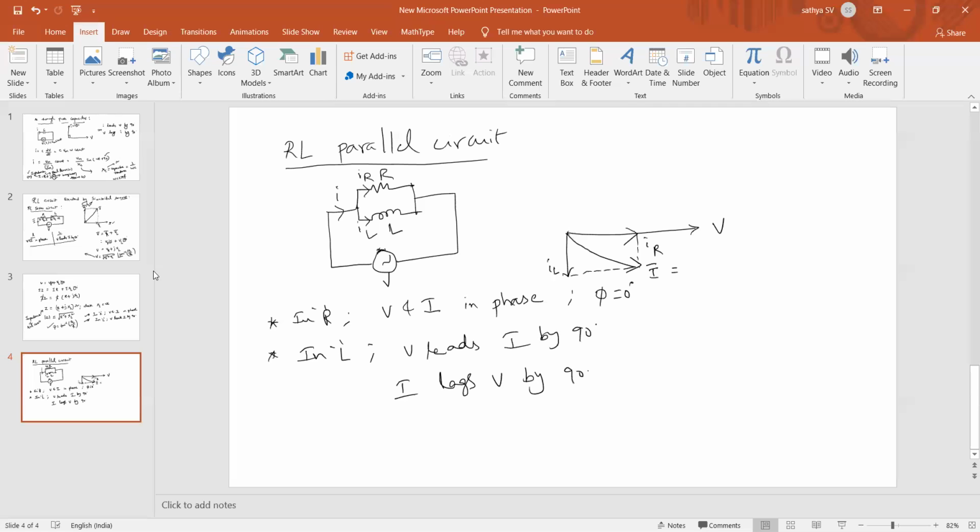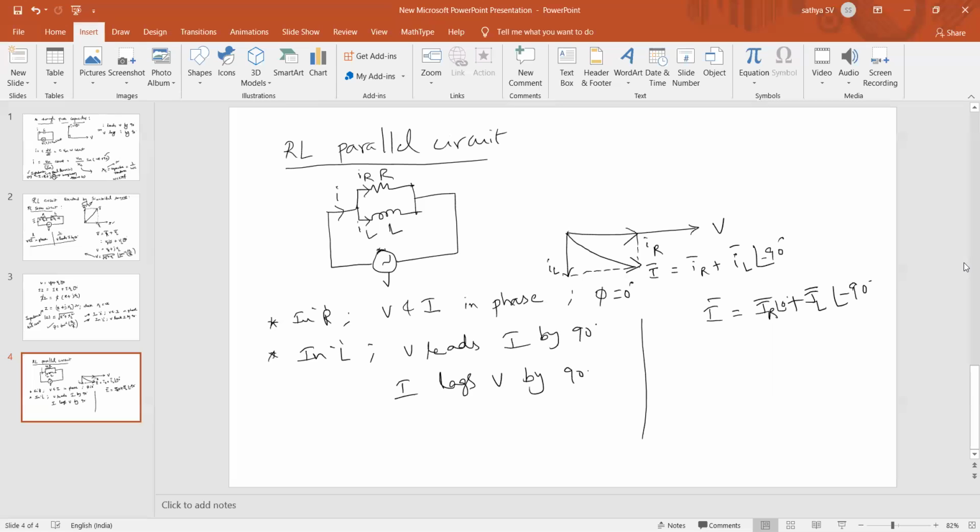So I bar is equal to IR plus IL. IL is at an angle of 90 degrees, that is minus 90 here, negative. Clear, understand? Now shall we do the simple analysis? I bar is equal to IR plus IL at an angle minus 90. IR is simply at 0 degrees because this is a resistor.